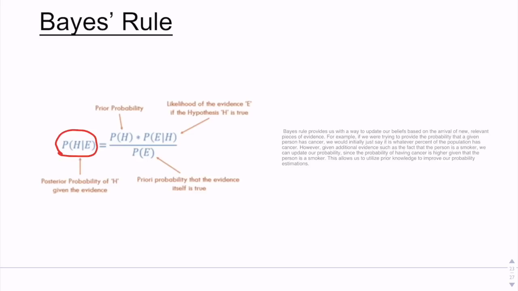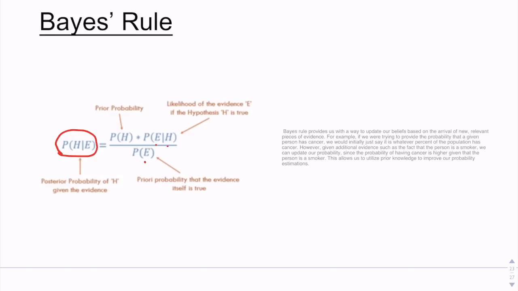That's evidence. This is equal to P of E given H times P of H, divided by P of E. So P of H is called the prior probability, a prior probability that we know about this hypothesis.